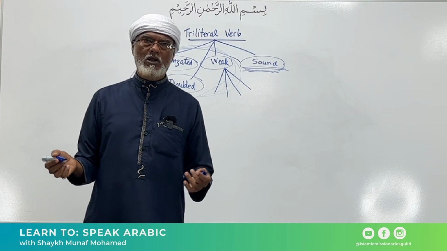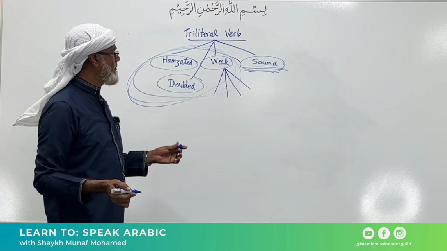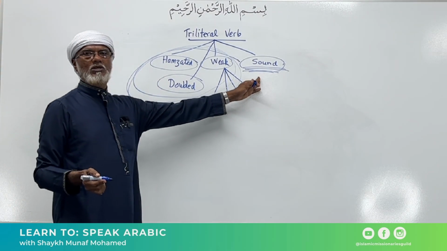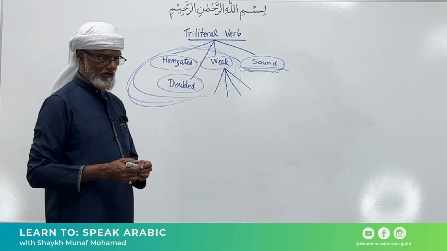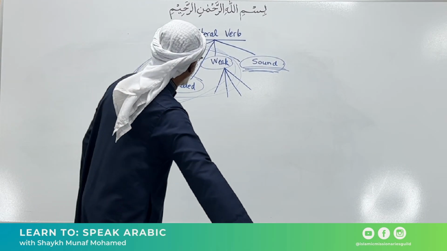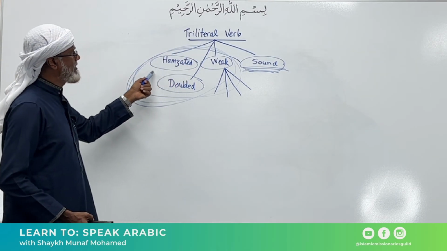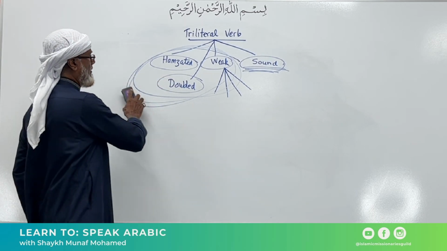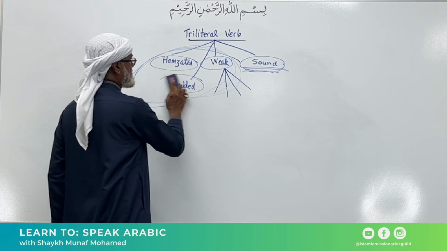All right? The command sometimes is a bit different from the conjugation of the sound verb. All right? So now we'll put the heading as the hamzated verb. All right? We're going to deal with this one first.